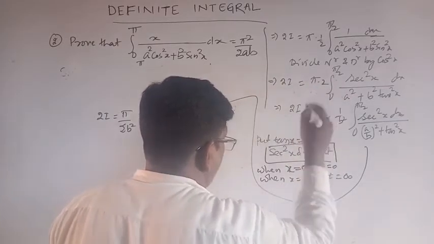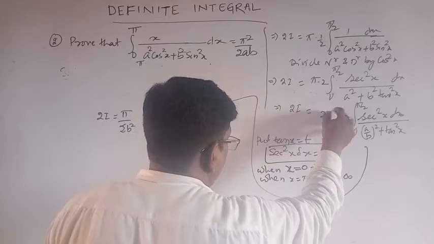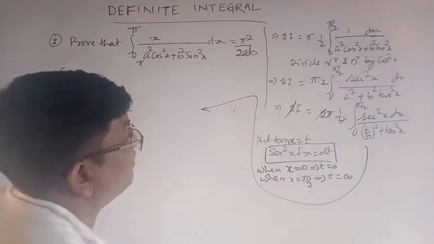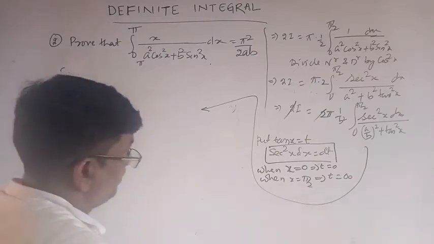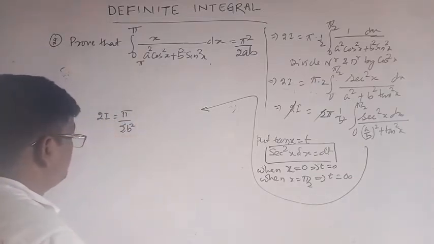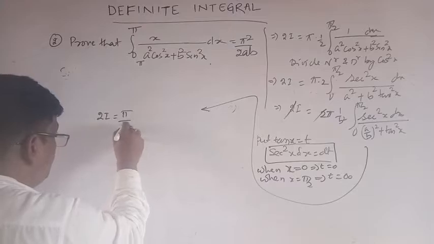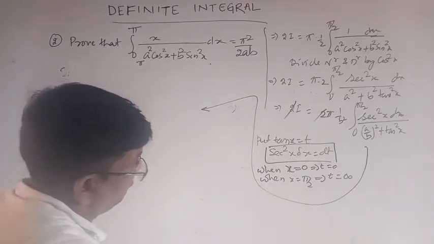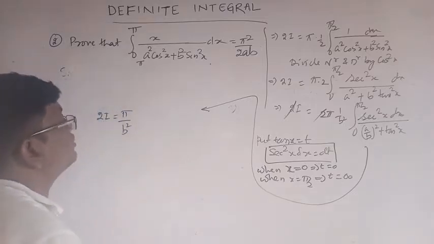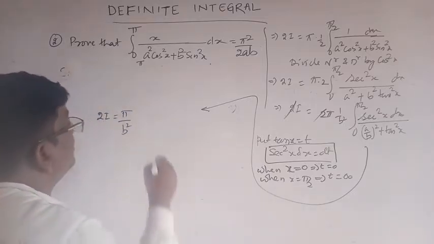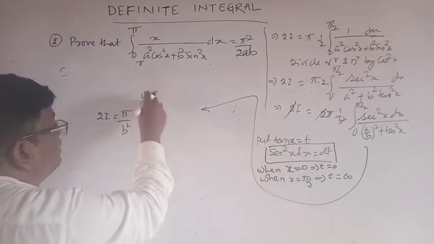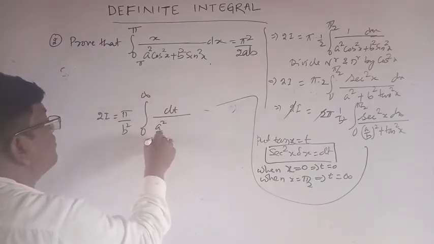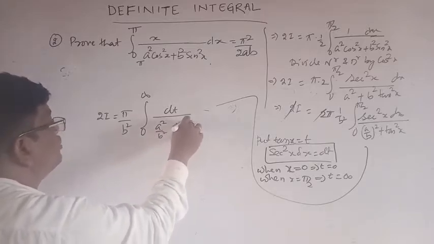So 2 times, 2 pi. So the 2 cancels. So pi by b square, and this is equal to pi by b square, integral 0 to infinity dt by a square plus b square plus t square.